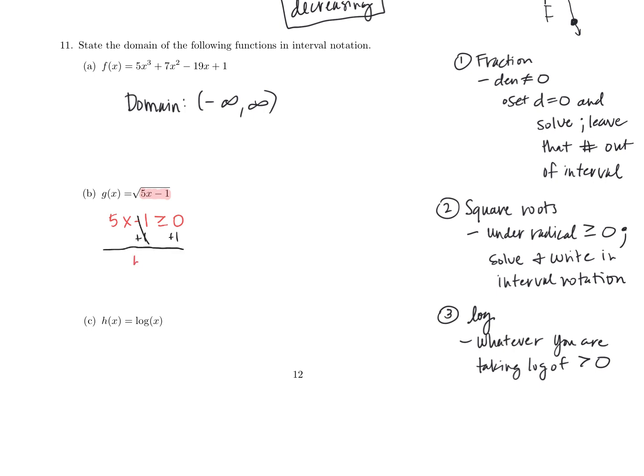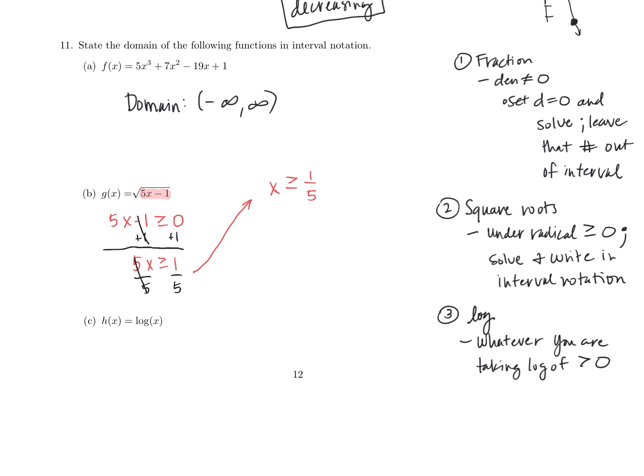So we get 5x has to be greater than or equal to 1. Divide by 5. So that means x has to be greater than or equal to 1/5. So that is your domain. X must be greater than or equal to 1/5.